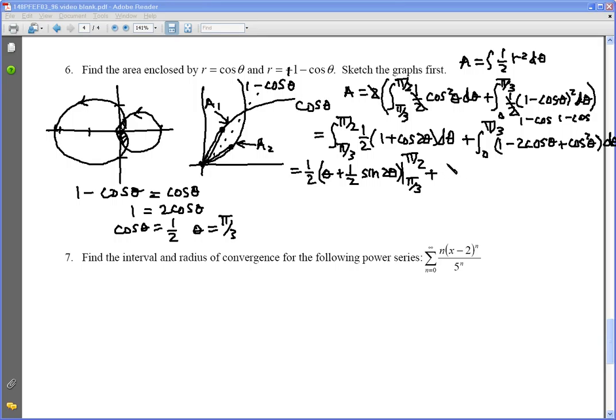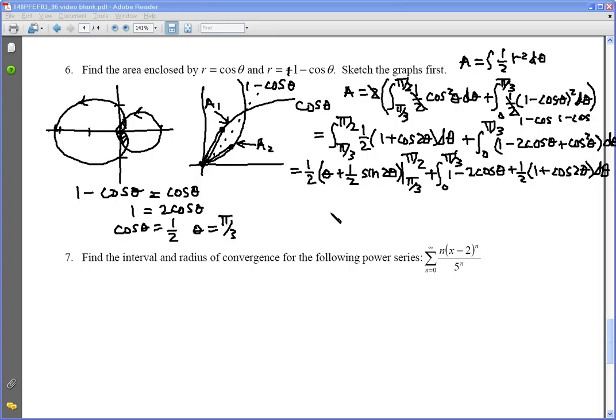So let's see, I think we have room for that in there. So this is going to be integral 0 to pi over 3. I got a 1 minus 2 cosine theta. And then plus, we get a 1/2 and 1 plus cosine 2 theta d theta.